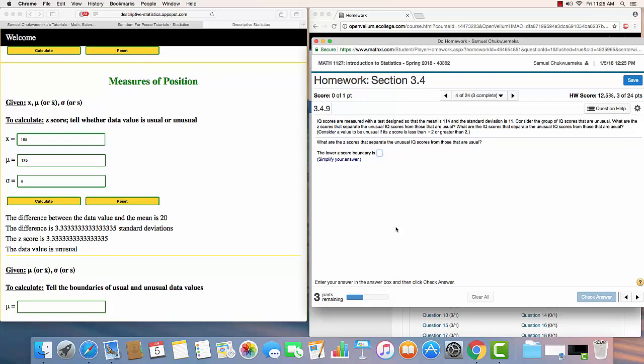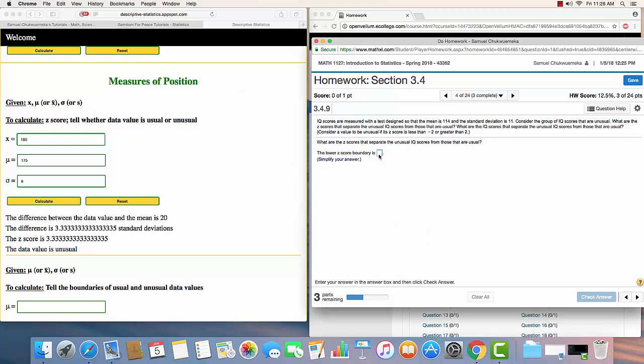What are the IQ scores that separate the unusual IQ scores from those that are usual? Consider a value to be unusual if its z-score is less than -2 or greater than 2. Yeah, we talked about this when we discussed z-scores.